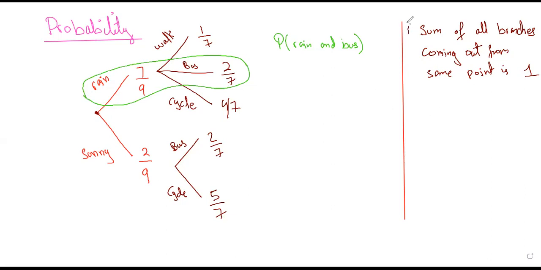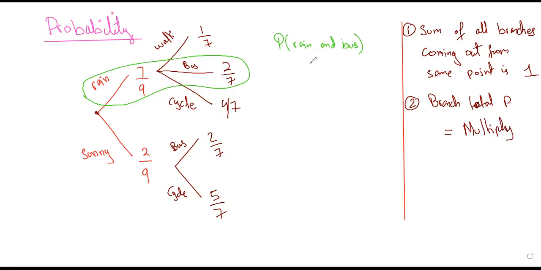This is the first one, the second one. Branch total. Branch total means if you have one branch and then you're going to the other one, then to the other one, branch total probability is basically calculated by multiplication. Okay, you need to multiply.